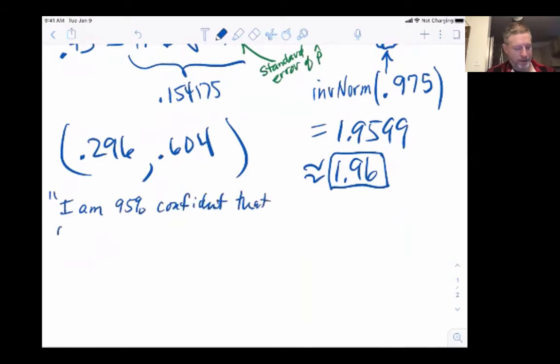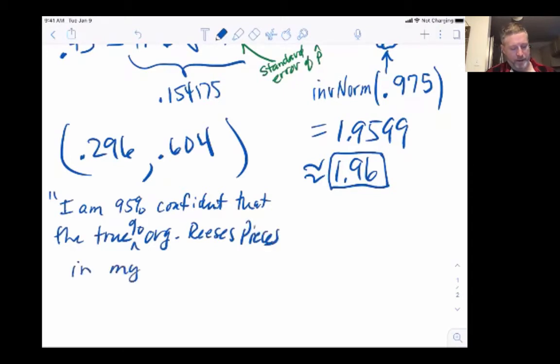So if we were interpreting this, we would say, I am 95% confident that the true percent of orange Reese's Pieces in my bag is between 0.296 and 0.604.